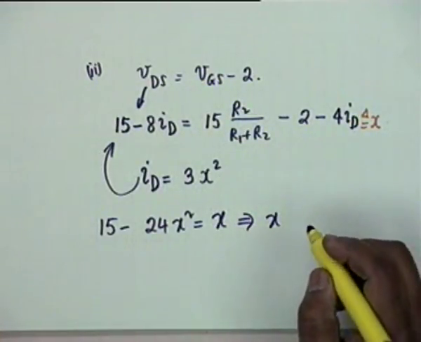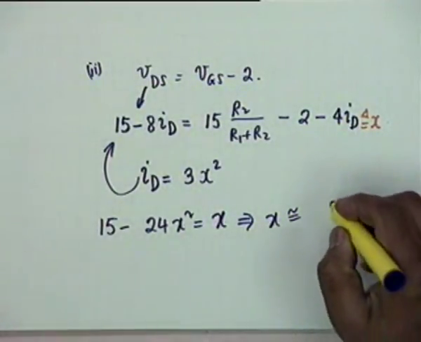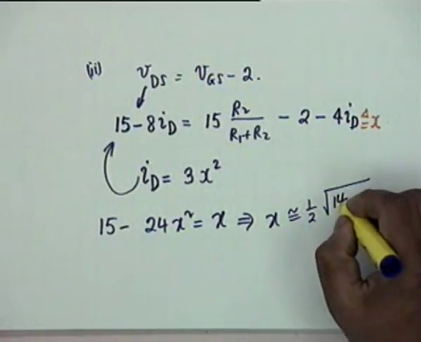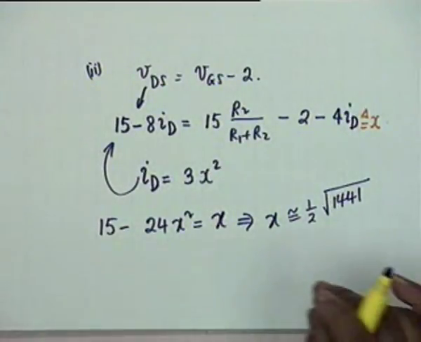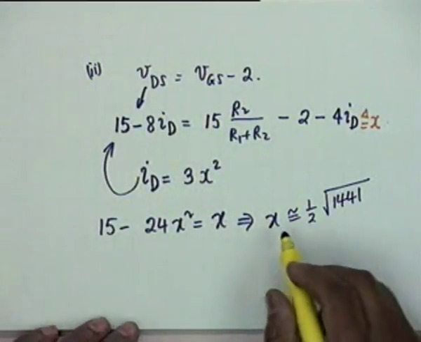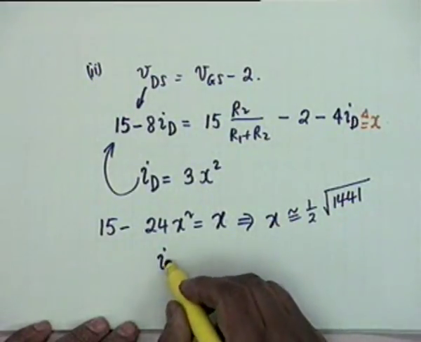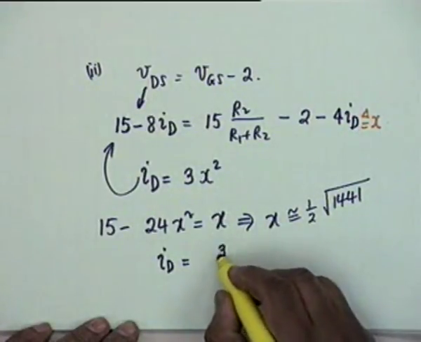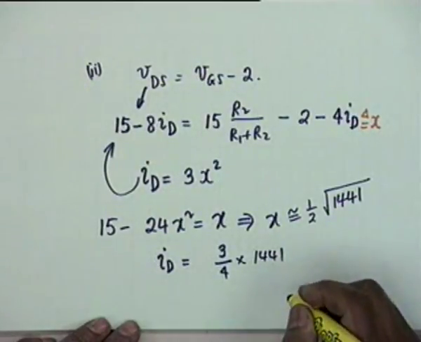My solution is that x is approximately equal to, the acceptable value is half of square root of 1441. I am leaving this algebra to you. And if you can find out x, then you know ID. ID is 3x squared, so it would be 3 by 4 multiplied by 1441.